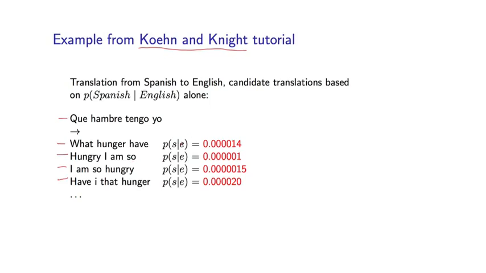In each case, we've shown the conditional probability of the Spanish given the English under the translation model. Notice again that we have P(S|E) here. We do not have P(E|S).